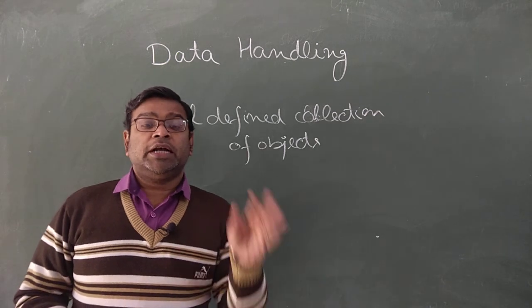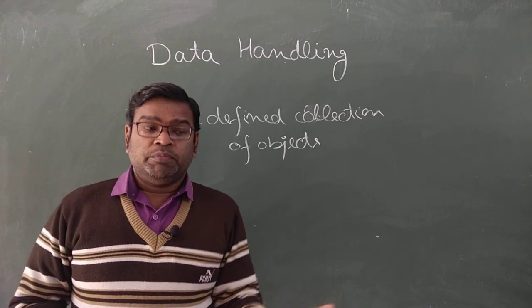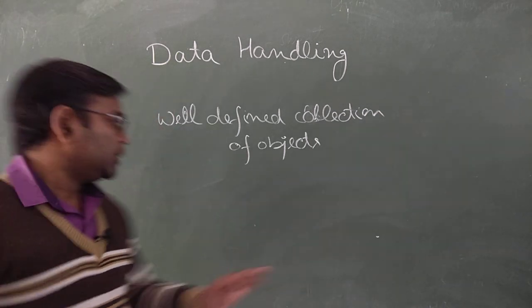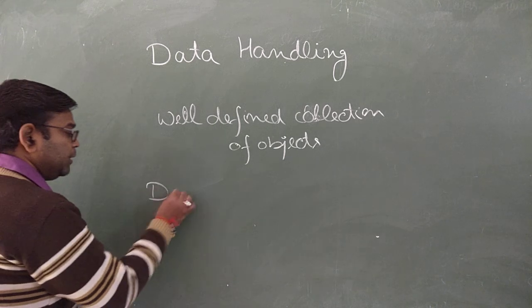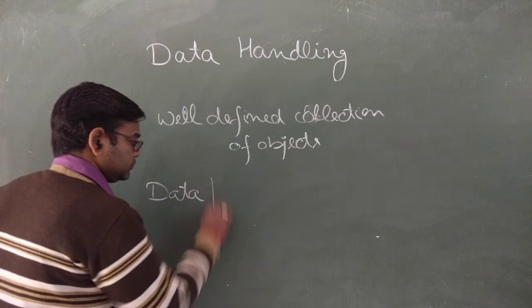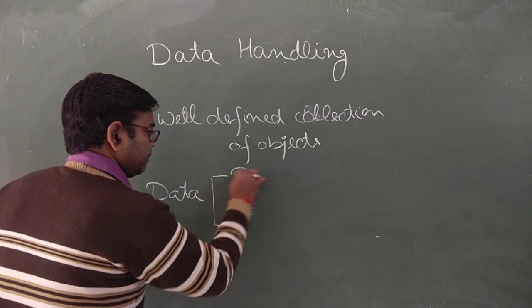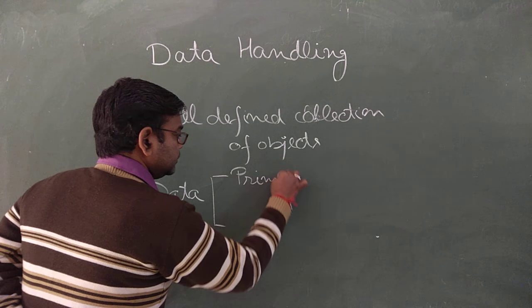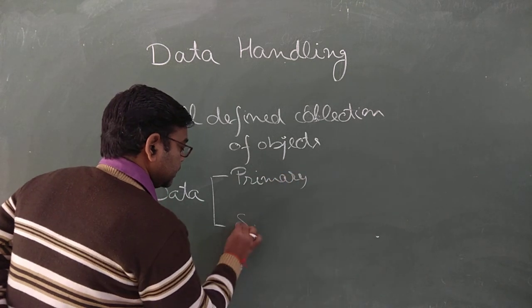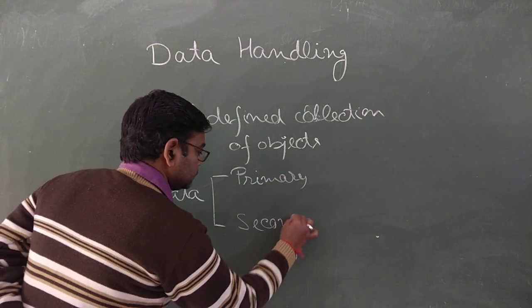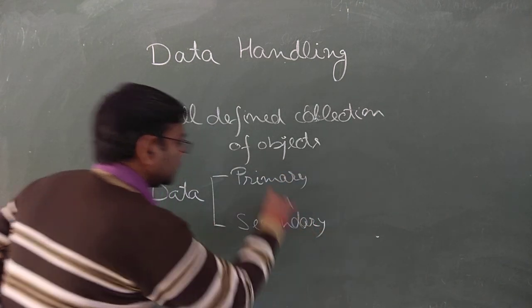As we already discussed, data are of two types, primary data and secondary data. First one is your primary data, second one is your secondary data. So what are these two?